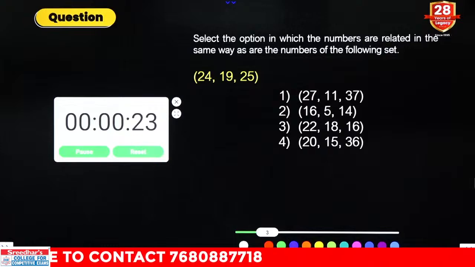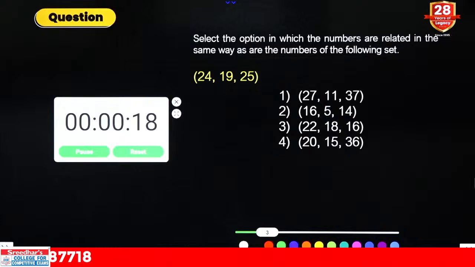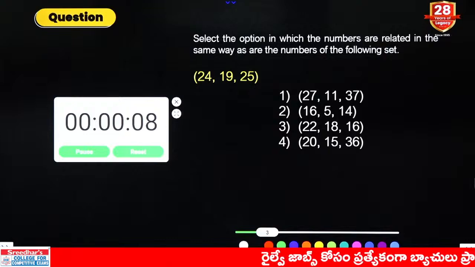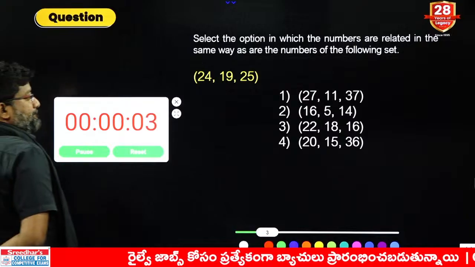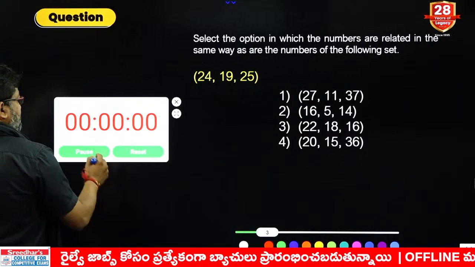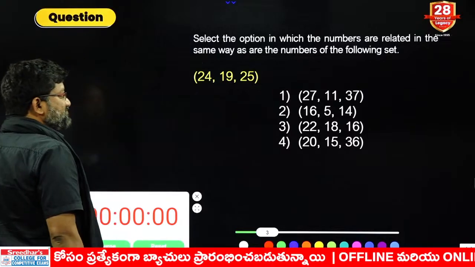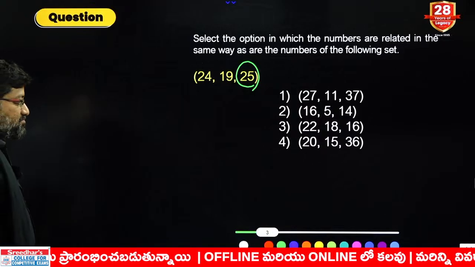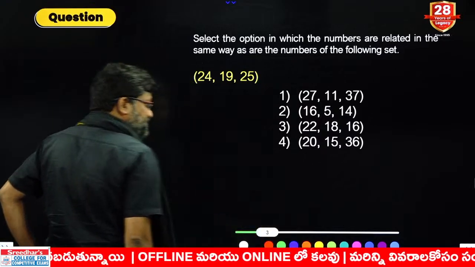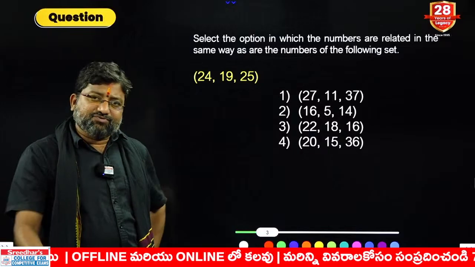This is a good one, an extraordinary question. 25 is the end, 25 is a square. This question is a little tough to guess, but that is what I say.